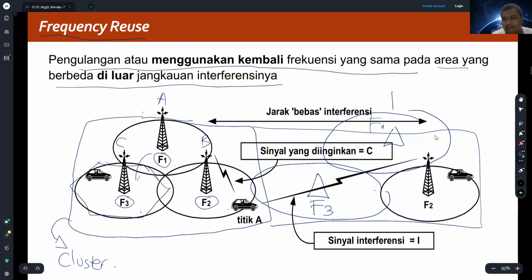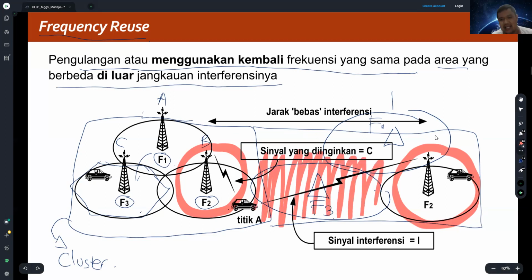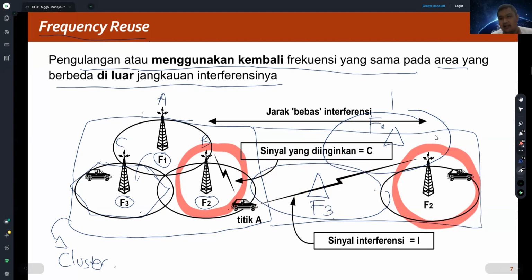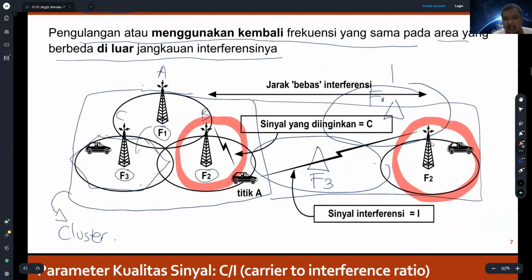For example, if we look at this picture, the tower in the first cluster that has frequency 2 and the tower in the second cluster that has the same frequency 2 are separated by the cell over here, separated by the cell F3.